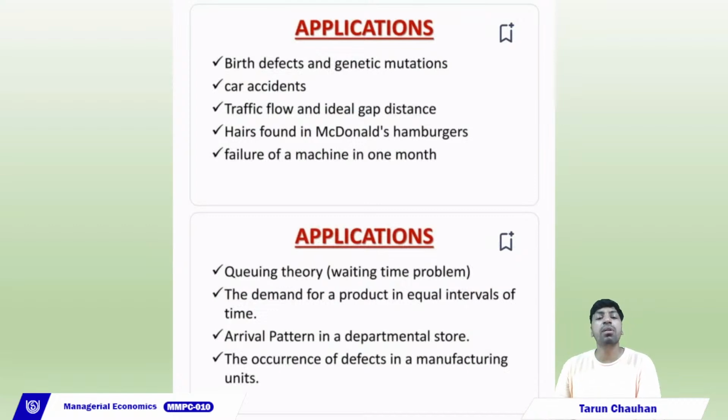When we talk about this Poisson distribution approach, there is a tool we need to apply, queueing theory. When we talk about any waiting time, any gap of time, this theory refers to problems related to waiting time or idle gap time.